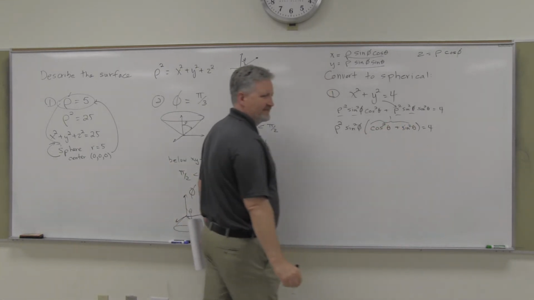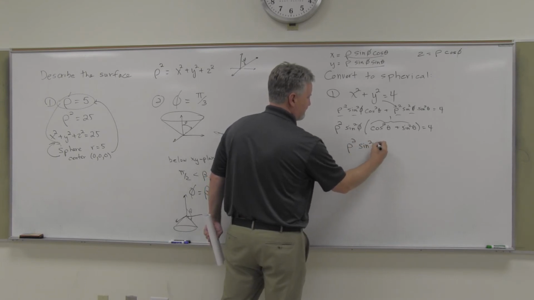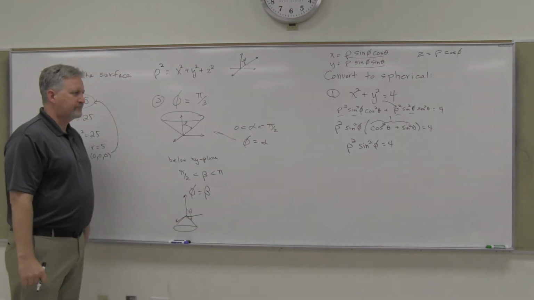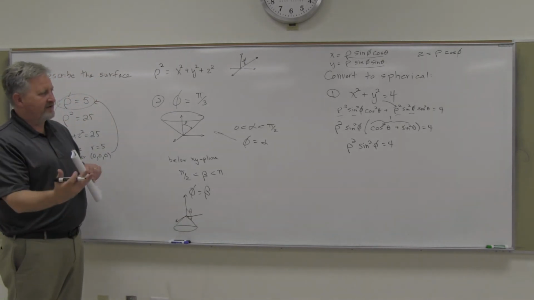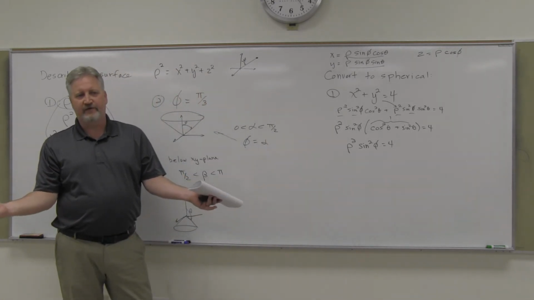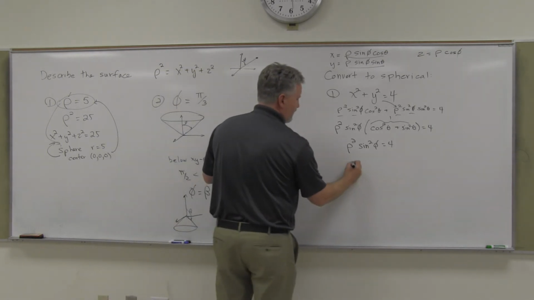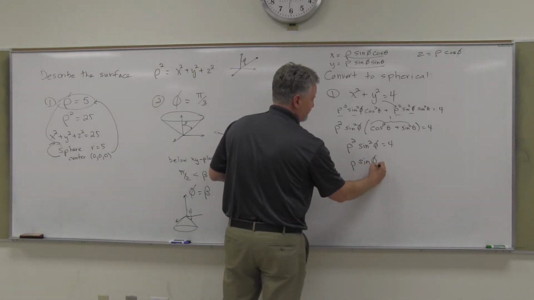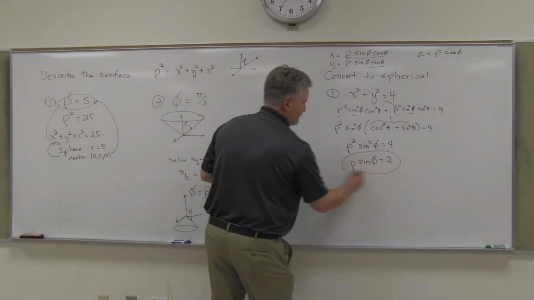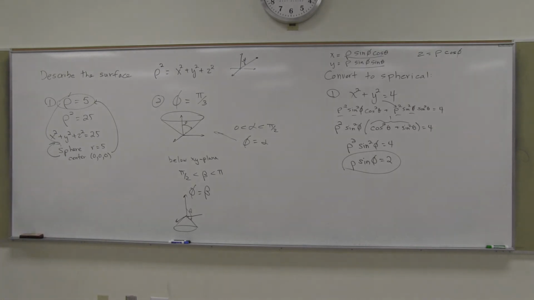So this simplifies to rho squared sine squared phi equals 4. Remember phi ranges from 0 to pi, so sine of phi is always positive. If you square root both sides, you get a simpler conversion. Is that okay? Any question or concern?